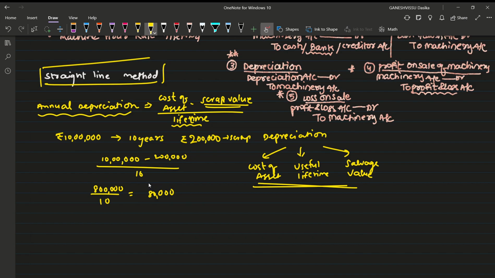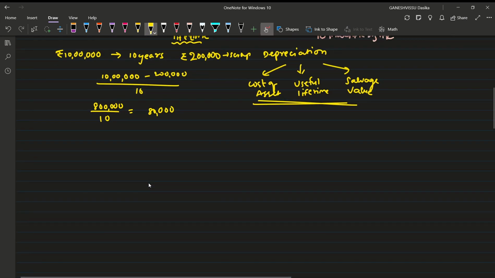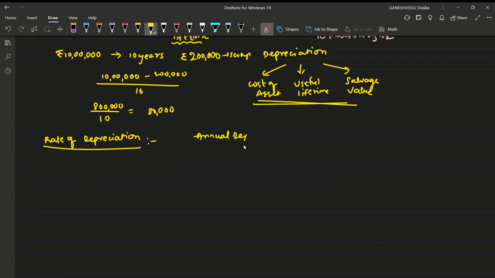And here we are going to use the rate of depreciation. The rate of depreciation formula is annual depreciation divided by cost of the asset into 100.